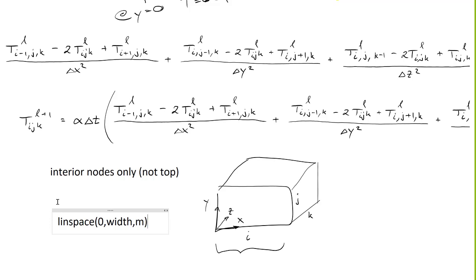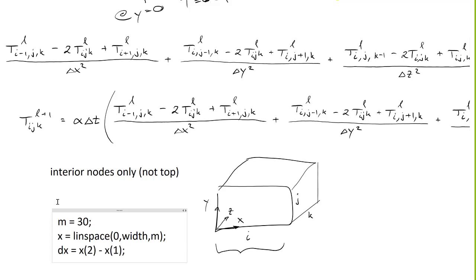Okay, and then little m equals 30. So you defined up here m was 30, and that gave you the x array, and then dx was presumably something like that. Yeah, I have it set. dx is t2 minus t1.